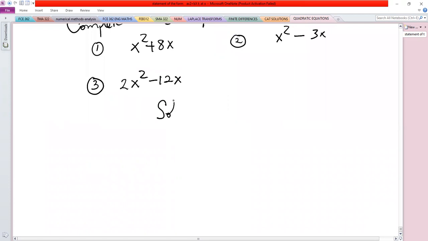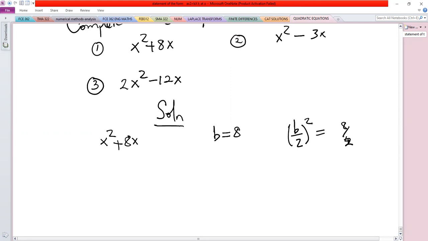Solution. So x squared plus 8x. Our b in this case, the coefficient of x, is 8, which means b over 2 is 8 over 2, and when I square, I'll have 4 squared.